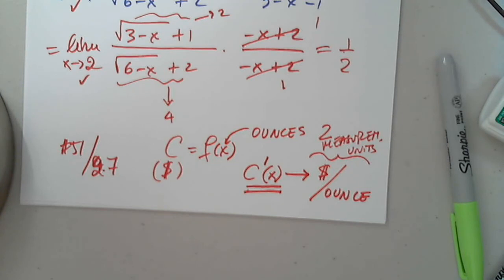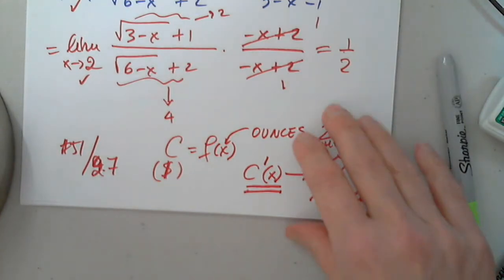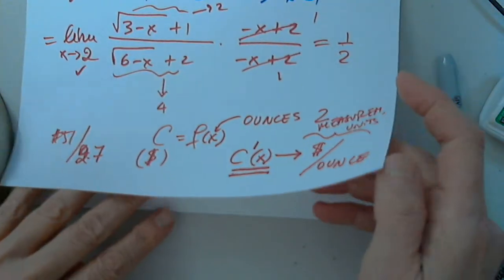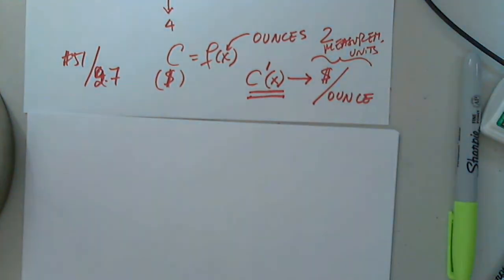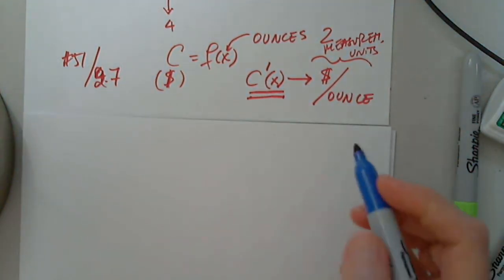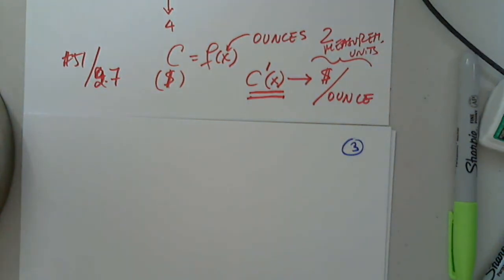What is the meaning of the derivative f prime of x? And what are its units? We already established the units. I wanted to establish that regardless of whether they were asking us or not. So what is the meaning of the derivative f prime of x? Can anyone say something? Or c prime of x, the same thing. Can anyone explain what that means? The slope of the tangent line at x.